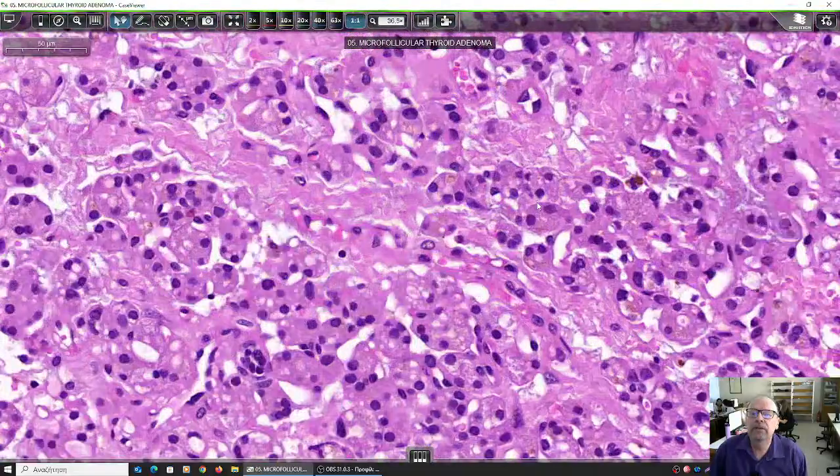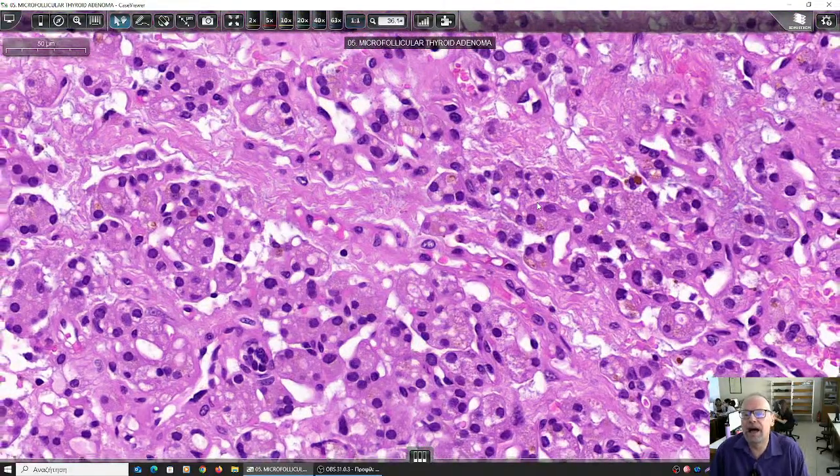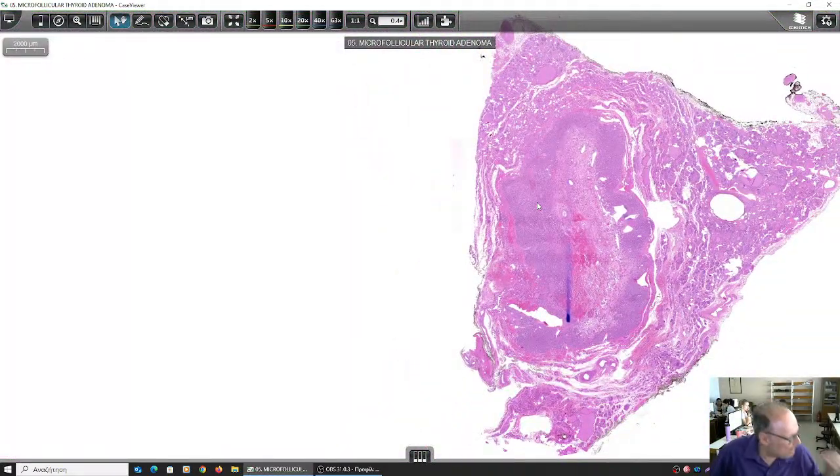Always check. No, they do not resemble the empty Orphan Annie nuclei. So this could be defined as a follicular adenoma. And to be more exact, microfollicular, because its follicles are too small.